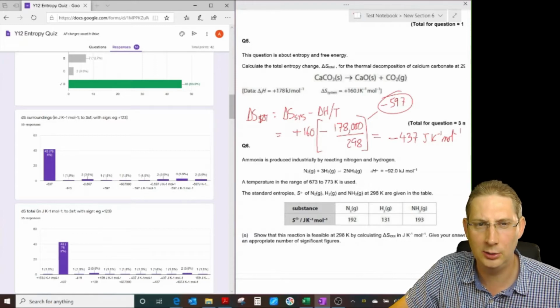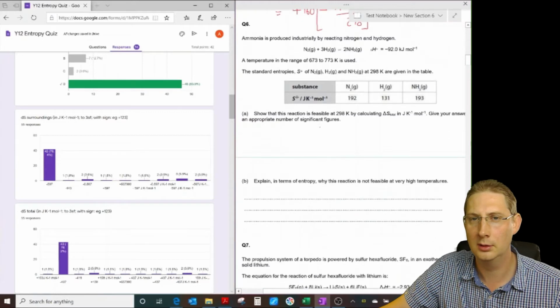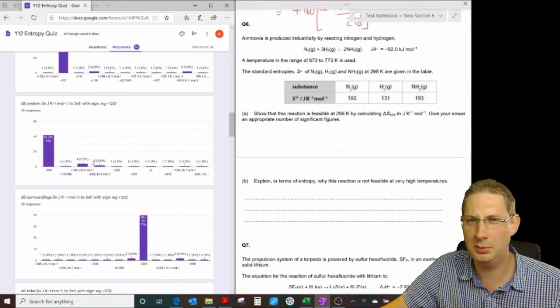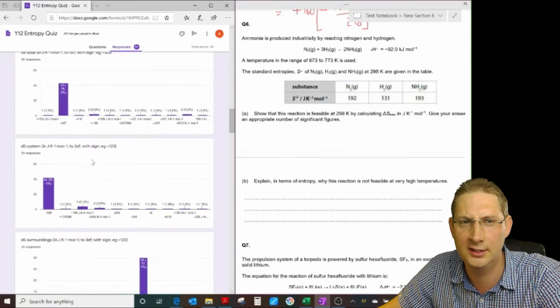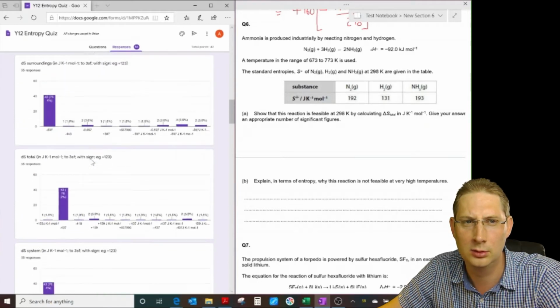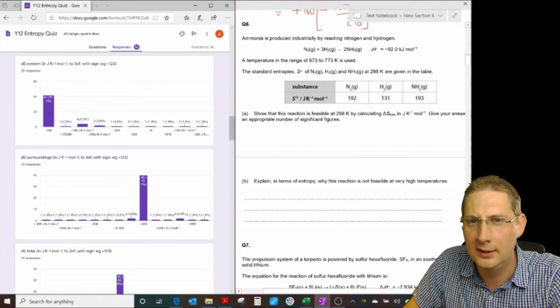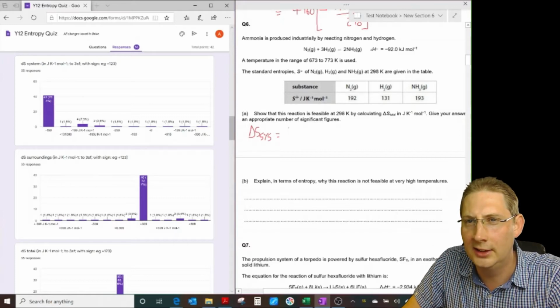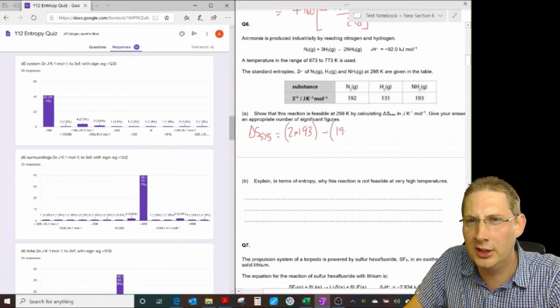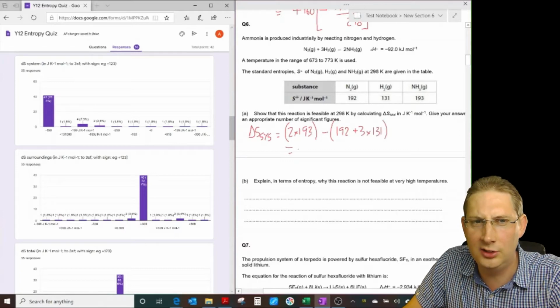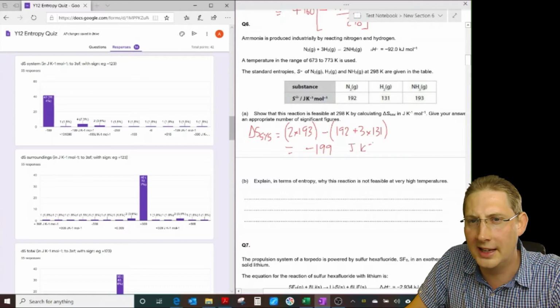You can see some people putting units in here. Show that the reaction is feasible at 298K by calculating dStotal in joules per Kelvin per mole. Give your answer to an appropriate number of significant figures. That's here. So delta S system is products minus reactants, so it's 2 times 193 minus 192 plus 3 times 131, and that gives you minus 199 joules per Kelvin per mole.